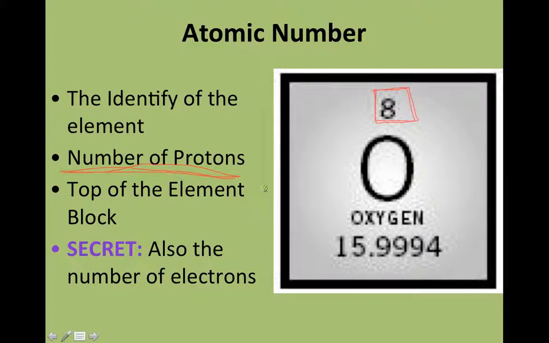And that identifies the number of protons that are present in there. But there's a secret. So if you know the number of protons, you also know the number of electrons as well. So if there are 8 protons in this oxygen atom, there are also 8 electrons that are floating around.